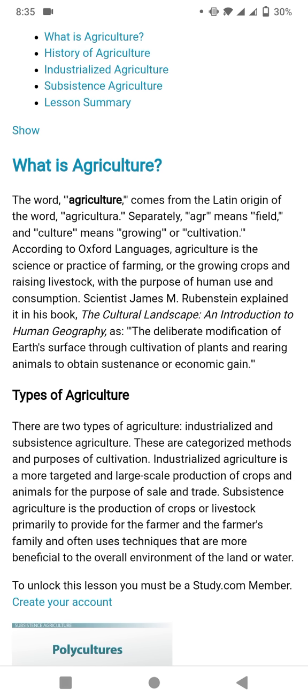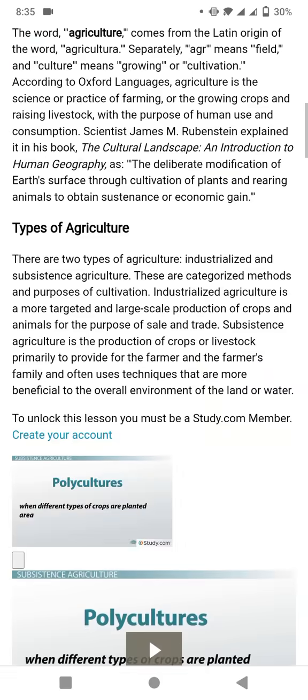James explained in his book The Cultural Landscape: An Introduction to Human Geography that it is the deliberate modification of Earth's surface through cultivation of plants and rearing of animals to obtain subsistence or economic gain.